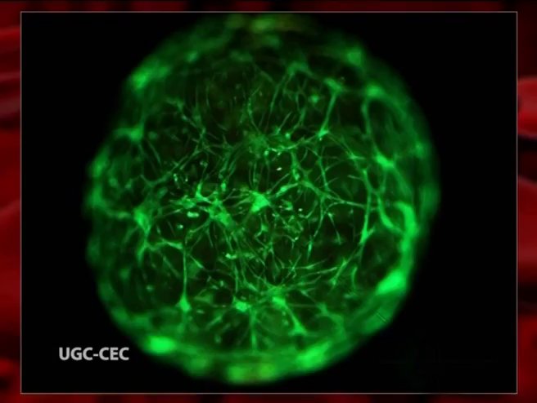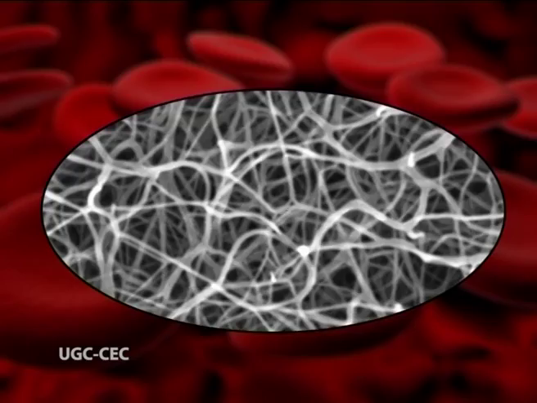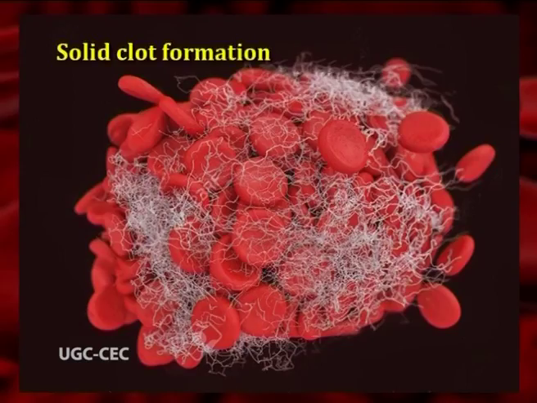The final step of this cascade is to convert factor 1, also called fibrinogen, a soluble protein, into thin strands of a solid protein called fibrin.